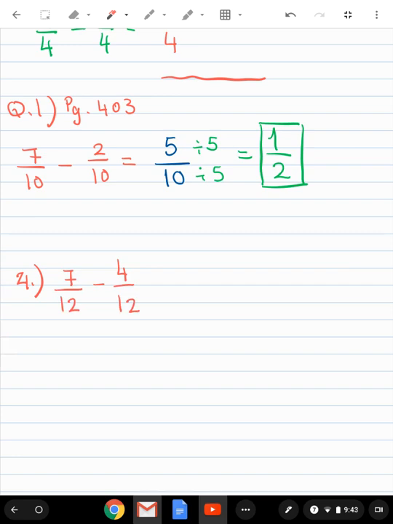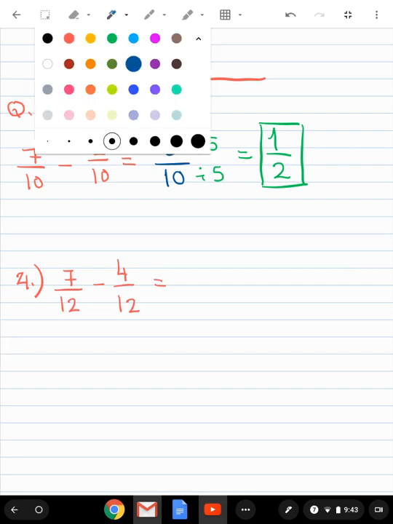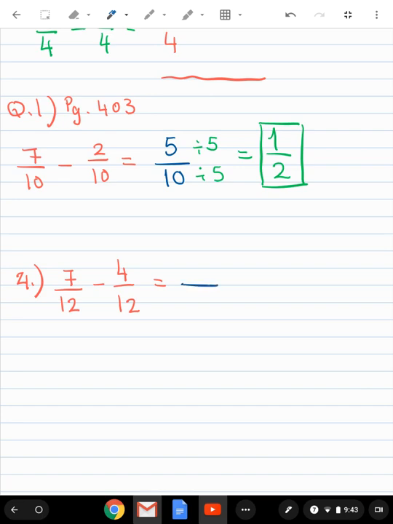What will be the answer? Here also we have a common denominator, which is 12, so the denominator will stay the same, which is 12. Then 7 minus 4 is 3. So the answer will be 3 out of 12.